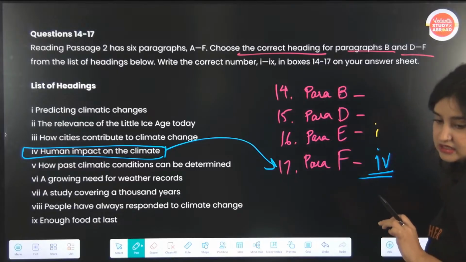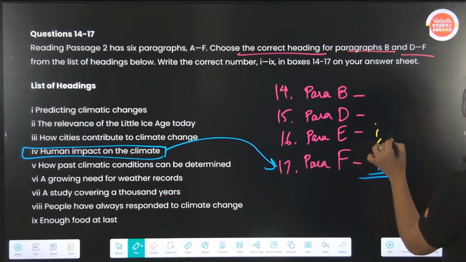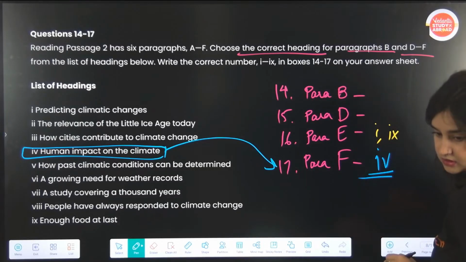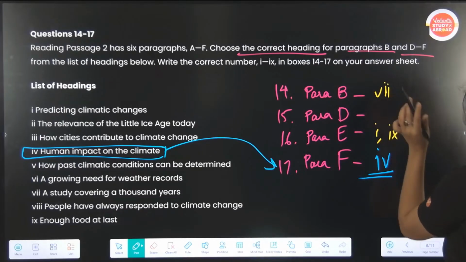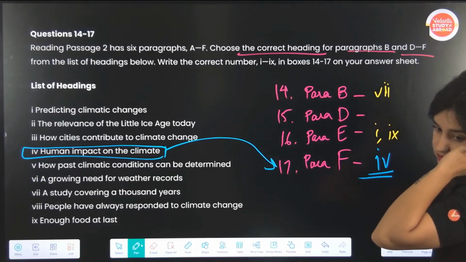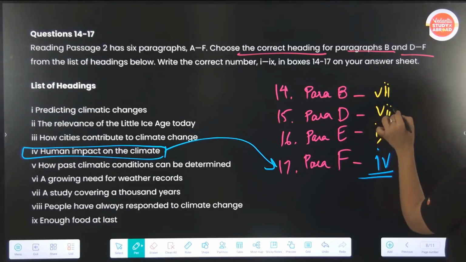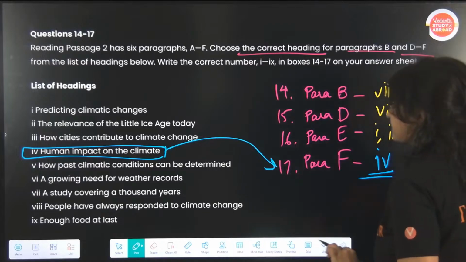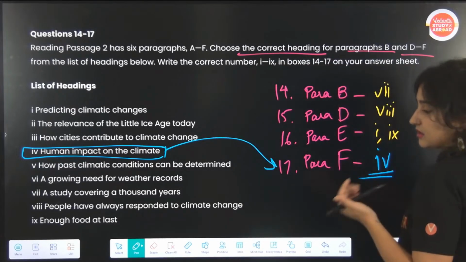Aditya thinks para E is 1. Tanmay thinks para E is 9. Tanmay thinks para B is 7 and 15, para D is 8. Okay.